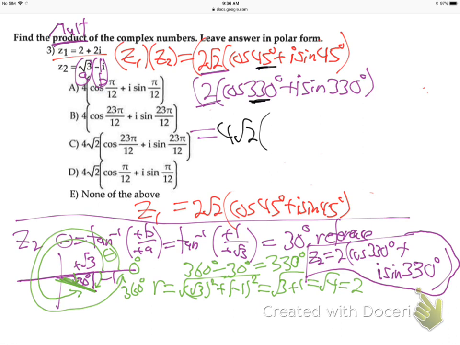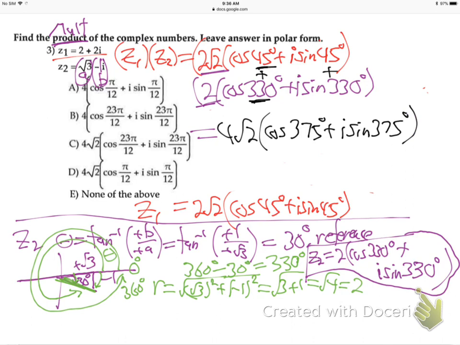You're multiplying these trig things and you add the angles. That's the surprising theorem, but very convenient, very easy. So you just add these angles, it's going to be 375, plus I sine 375, like that.